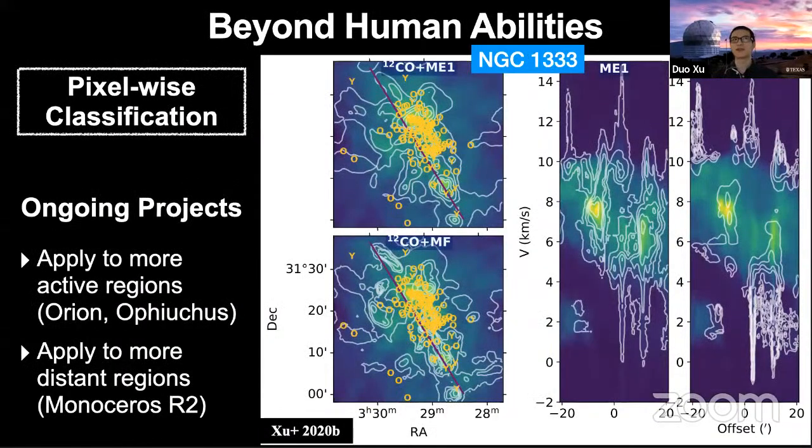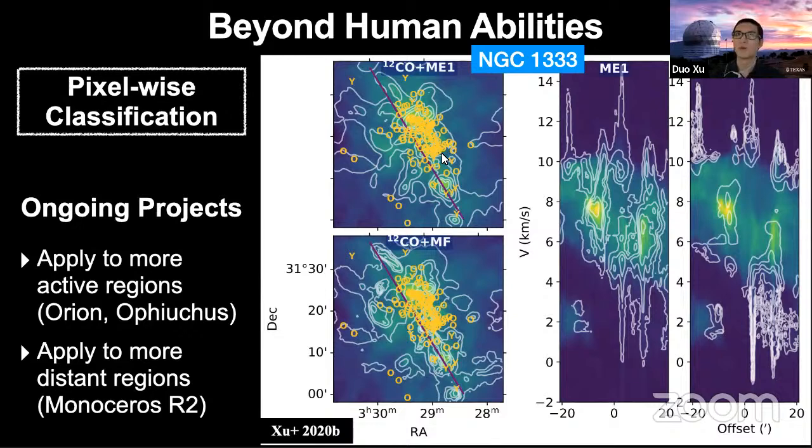Then I just want to say our model can give us some pixel-level prediction. Especially for humans, it is really difficult to identify feedback, outflows, or bubbles in an extremely active star-forming region. For example, in NGC 1333, there are over 20 outflows in a parsec-scale box.